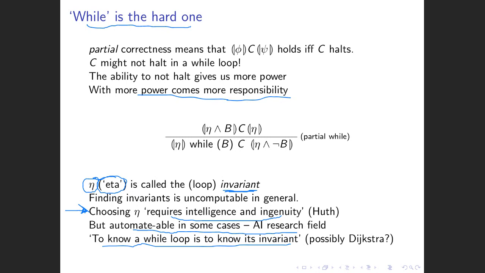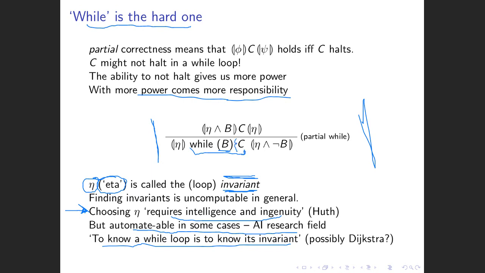So what you can see in this rule then is the invariant doesn't change. That's what invariant means. A variant is something that changes, an invariant is something that does not change. So here's our while command: while b do c.